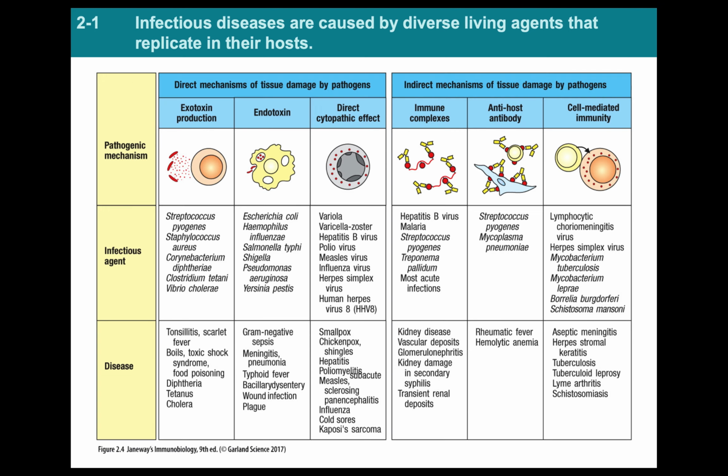So direct cytopathic effect is one of the ways that, for example, you can get a virus like Lassa fever virus, and if it actually gets into some of the nerves in your head, you can end up with deafness that doesn't ever go away because they've just physically destroyed the nerves that were connecting the ears to the auditory part of the brain. And yeah, there's nothing you can do about that.